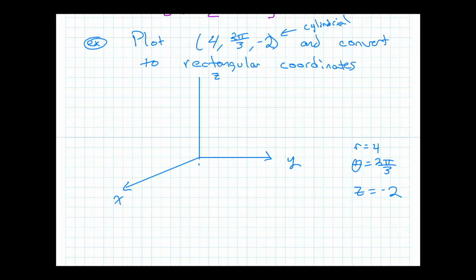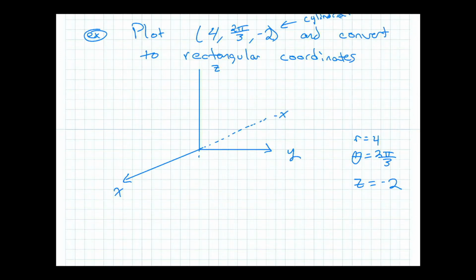It's a little bit tricky, so I'm going to extend the x-axis this way. That's the negative x-axis. Now, I see that this angle here is 2 pi over 3. Pi is 180 degrees, right? So from here all the way around this way is pi, and this is 2/3 pi. So it's 2/3 of the way from here to here. It's hard to get that in exactly the right place, but you can maybe go like that.